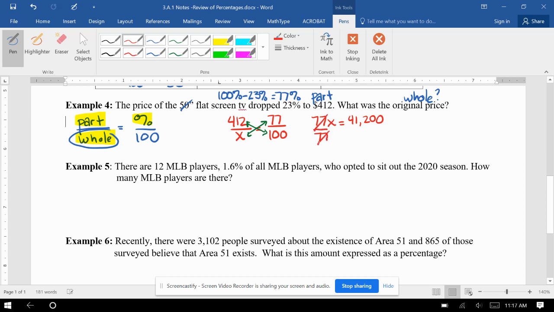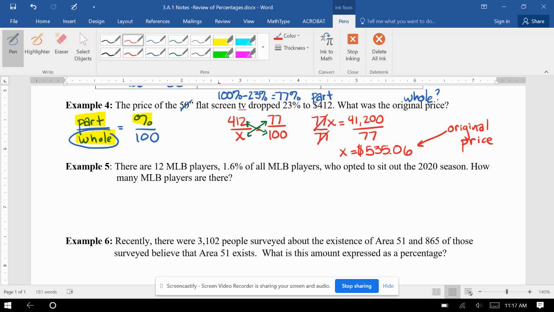We're just solving for x. And you're going to end up with x equals $535.06. This is the original price. So it used to be that amount, and then it went down 23% to $412.